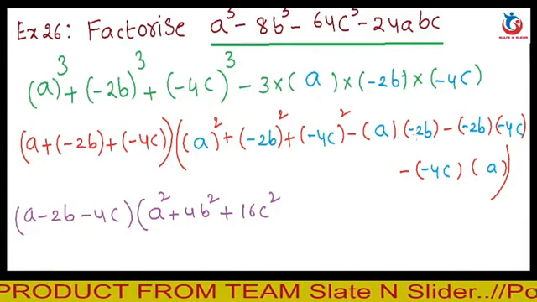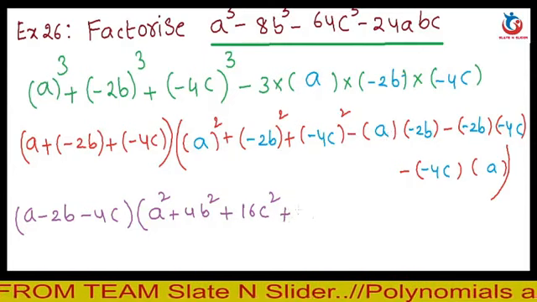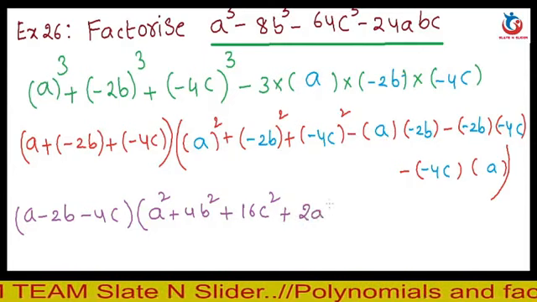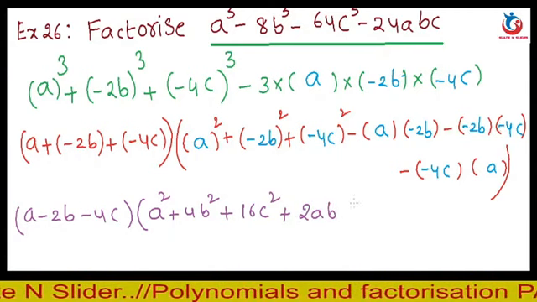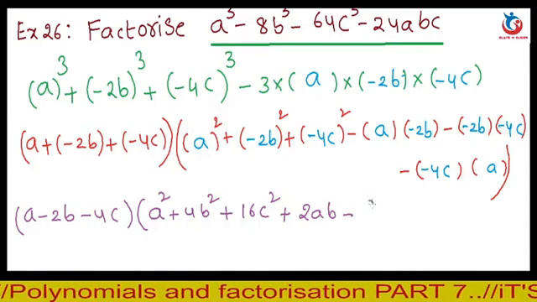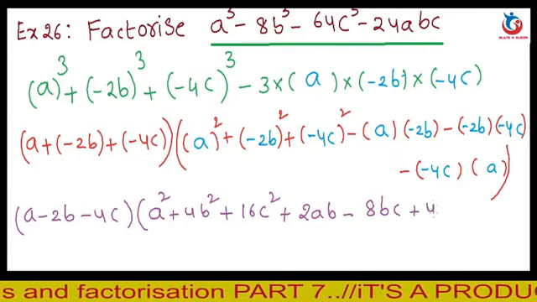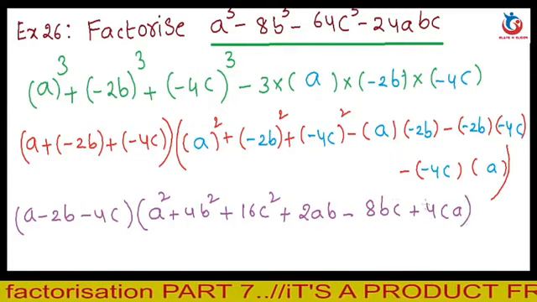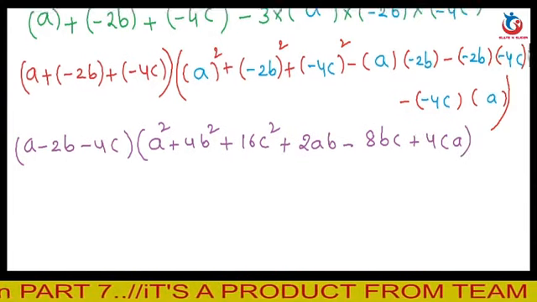And minus a into minus 2b, minus into minus plus, a into 2b, 2ab. Next minus into minus plus, plus into minus minus, and 2b into 4c, that is 8bc. Minus into minus plus, 4c into a, 4ca. Yes, these two are the factors for the given question, and we will go through example 27.